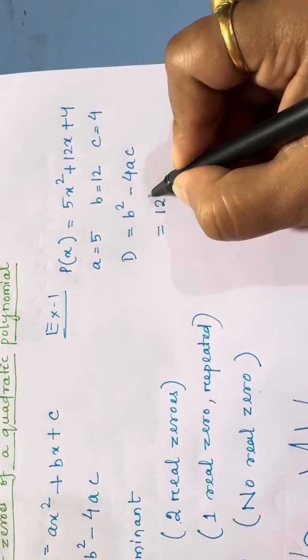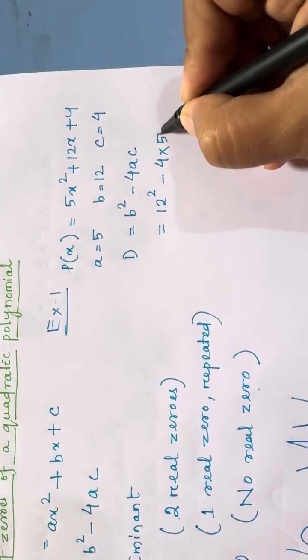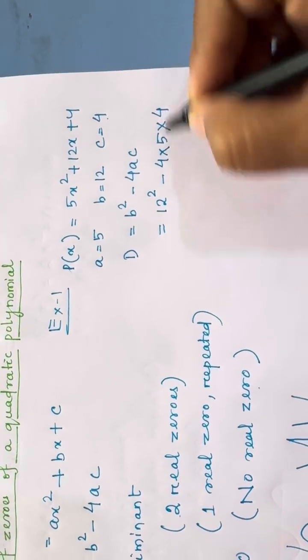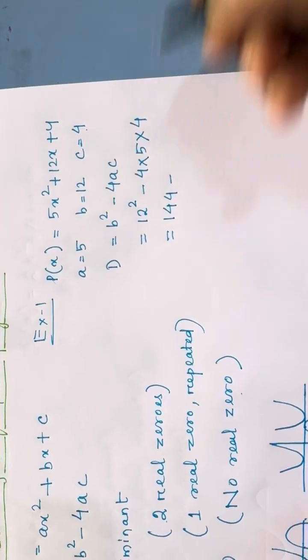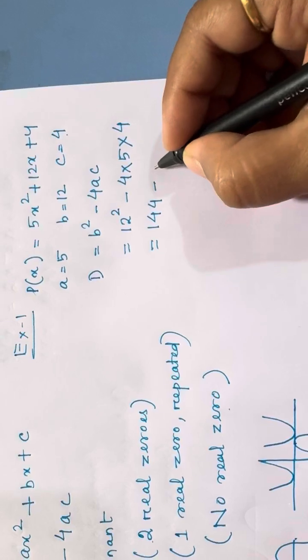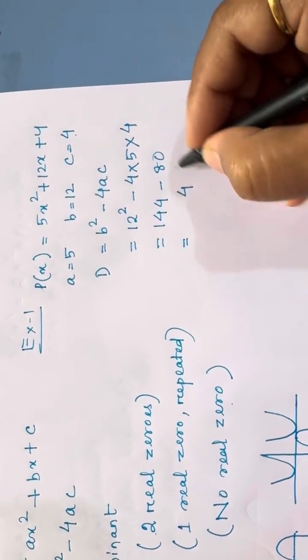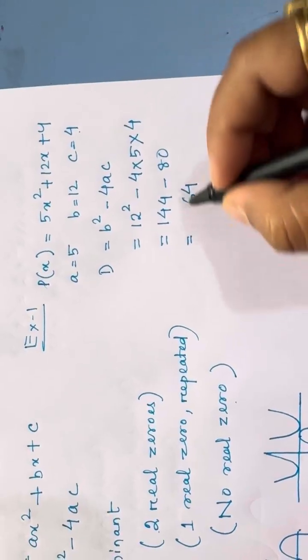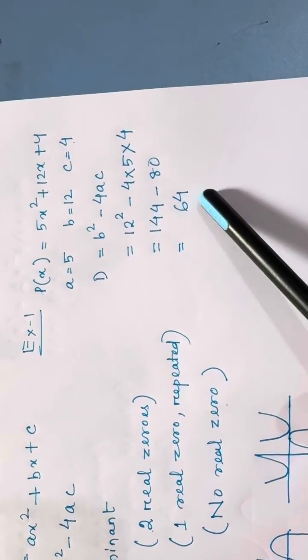So 12² - 4 × a × c. 12 into 12, 144. Then 4 into 5, 20. 20 into 4 is equal to 80. Let's subtract. 144 minus 80 is equal to how much? 64. So we are getting D is equal to 64. So it is greater than 0, equal to 0 or less than 0?